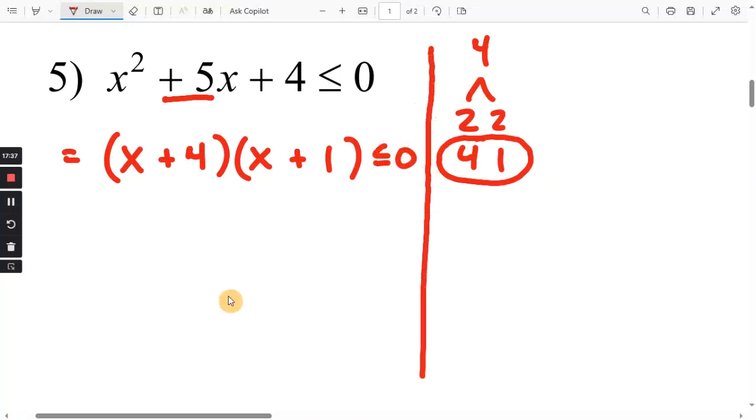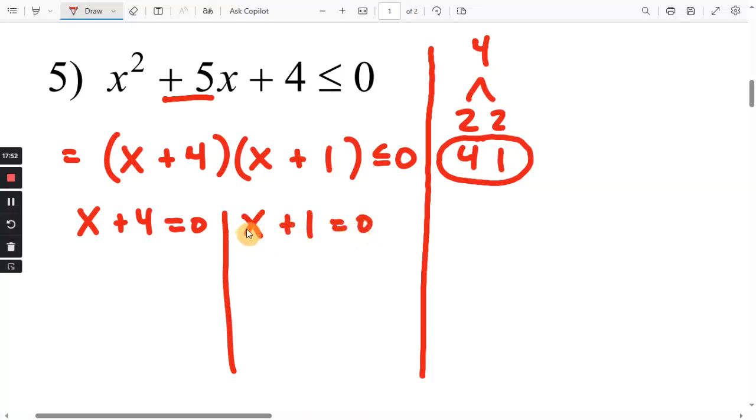All right. And finding the zeros. Either one of these can equal 0. So x plus 4 equals 0. X plus 1 equals 0. All right, really, you can do this part in your head. Minus 4 on both sides, x equals -4. Minus 1 on both sides, x equals -1.